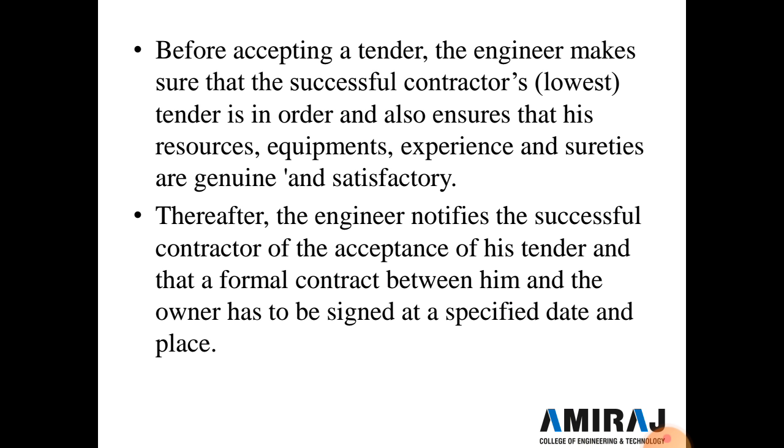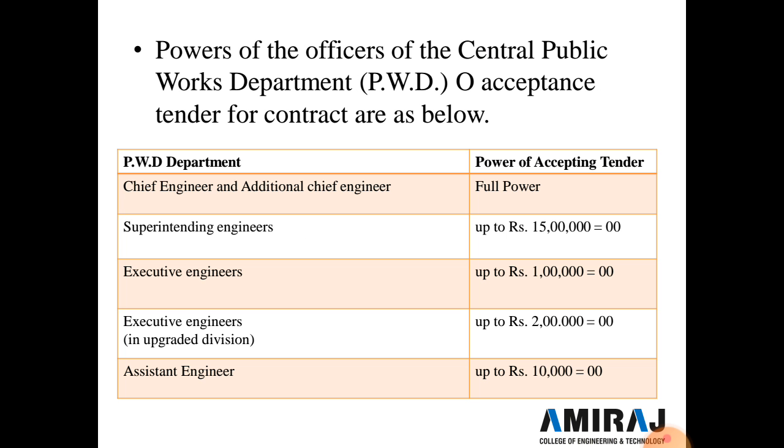Thereafter the engineer notifies the successful contractor of acceptance of his tender, and that the formal contract between him and the owner has to be signed at a specified date and place. Here one table is given: powers of officers of the Central Public Works Department, CPWD, for acceptance of tender for a contract. The chief engineer and additional chief engineer have full power for accepting the tender.